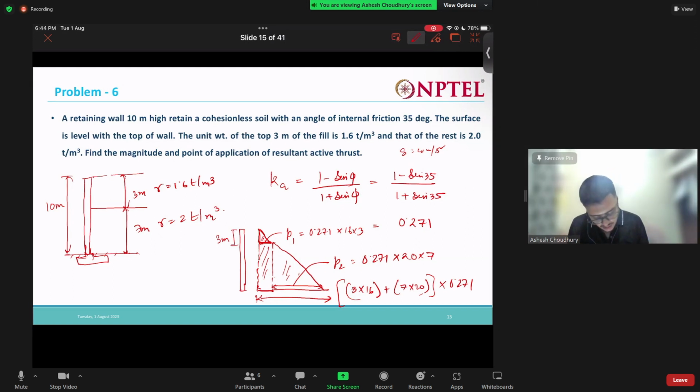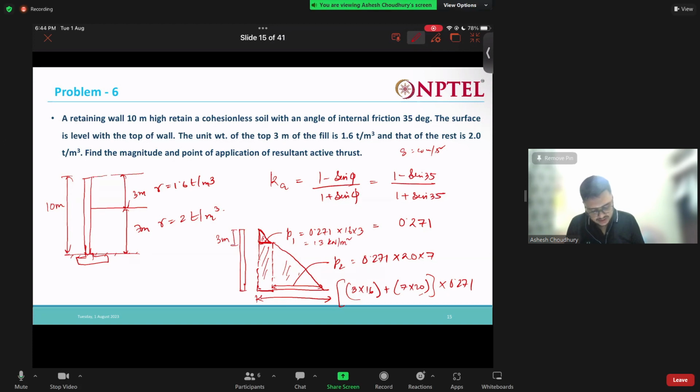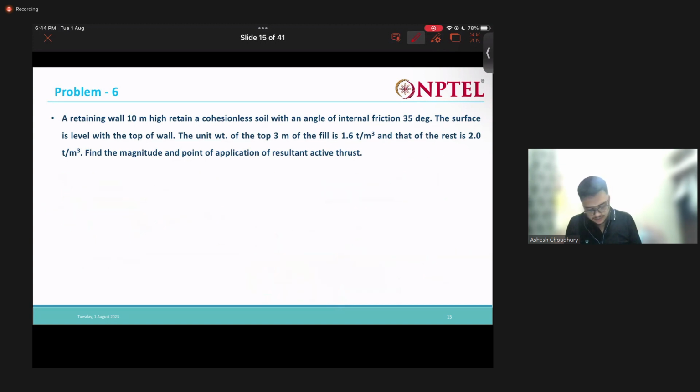Yeah. So what is 0.271 into 16 into 3? It is 13 kilonewton per meter square. And 0.271 into 20 into 7 will give us 37.98. So first we are taking the area of this triangle. It's nothing but half into 13 into 3, right?